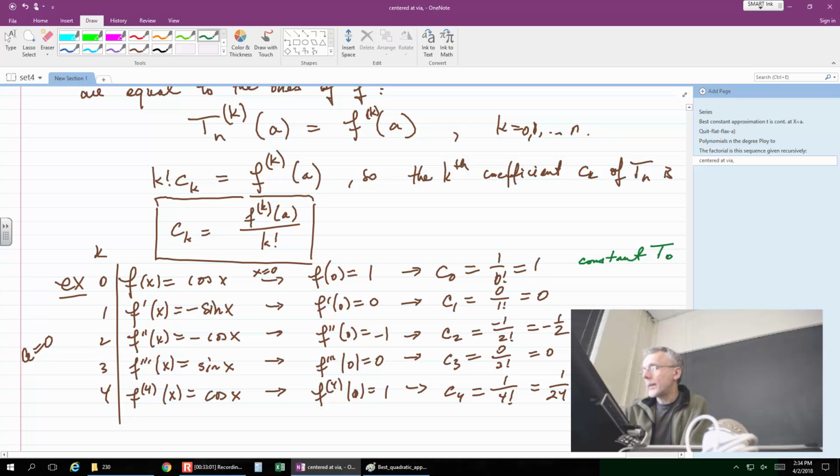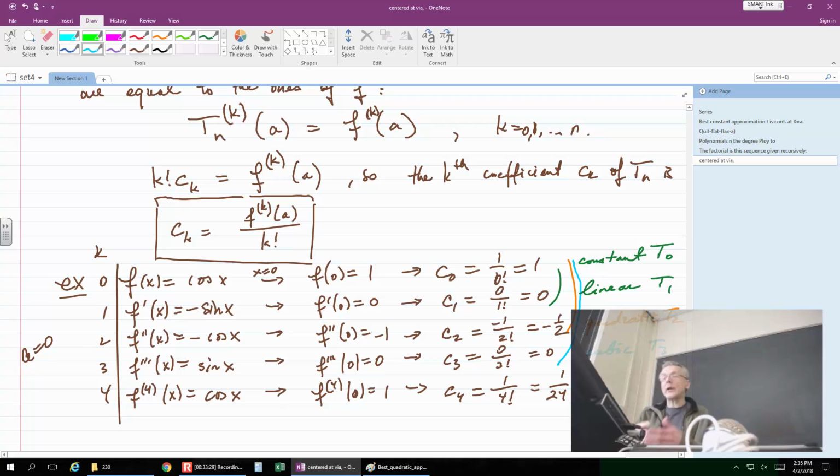Then if I combine these two together, this will be the linear, T1, this will be quadratic, T2, and one more. If I go all the way, it will be cubic, T3, and then the last one will be T4.